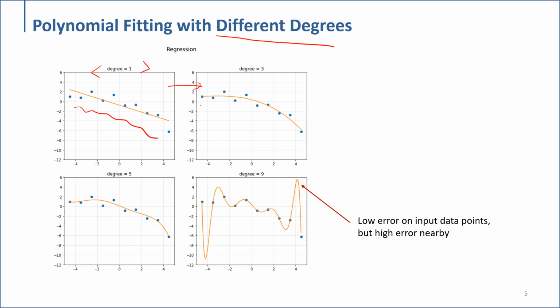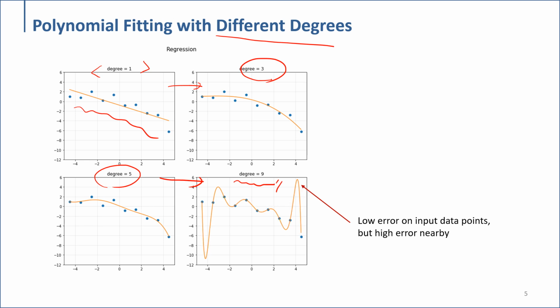For proper values like 3 and 5, it's quite representative and its accuracy is quite good. But when the degree is too high, we have too many degrees of freedom, and we can see too much fluctuation here.